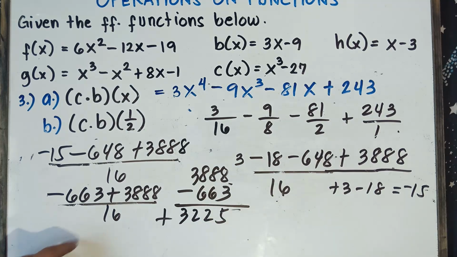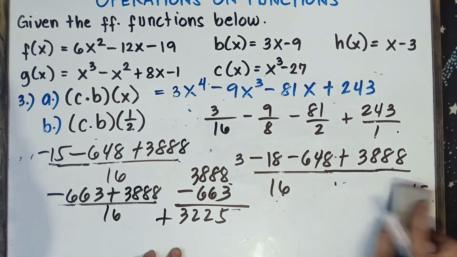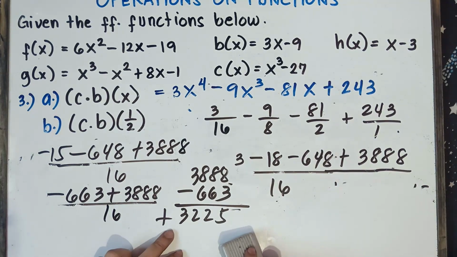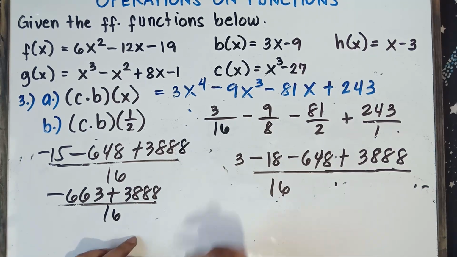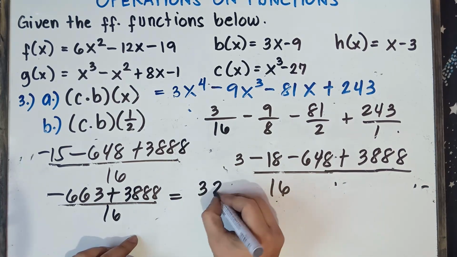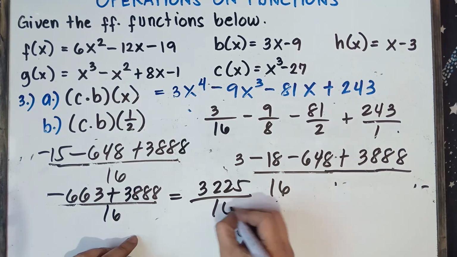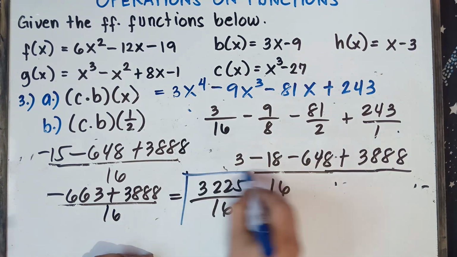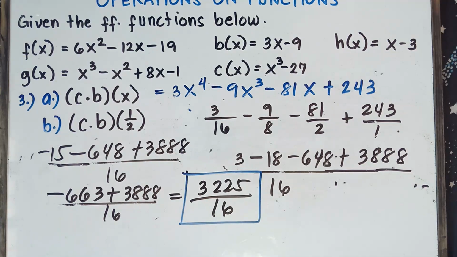So that would be positive 3225 over 16. So therefore, class, our final answer is positive 3,225 over 16. That's it, class. All set with regards to example number 3.